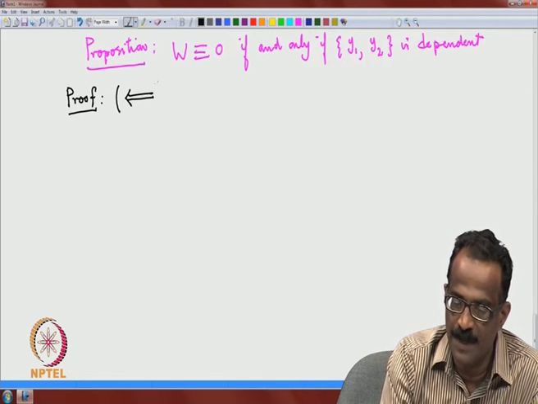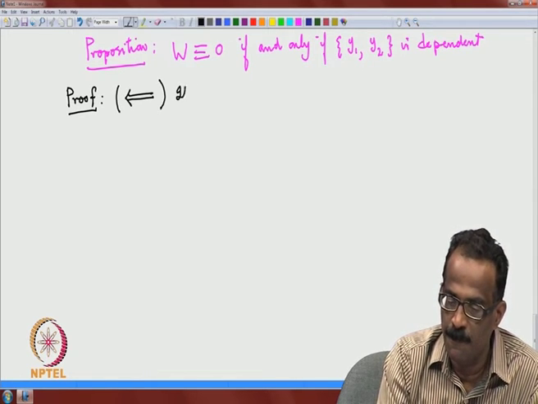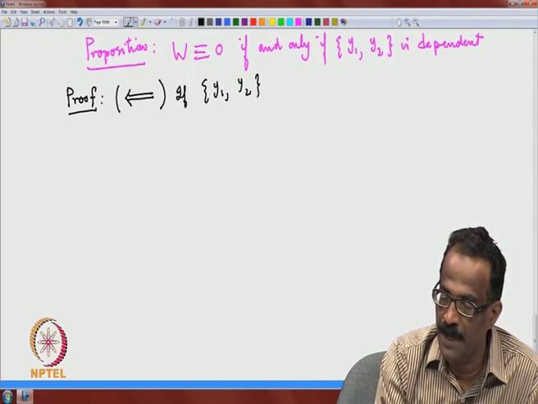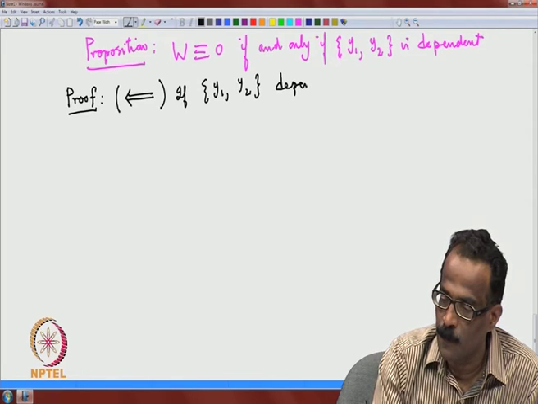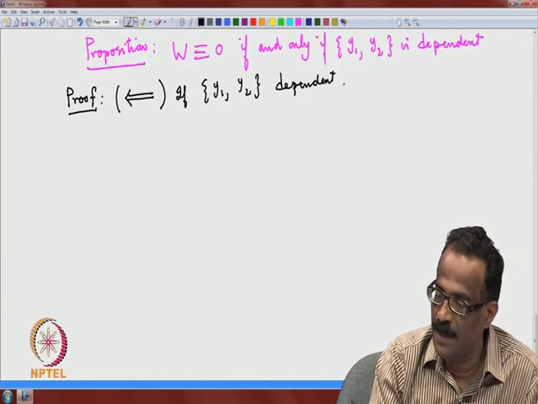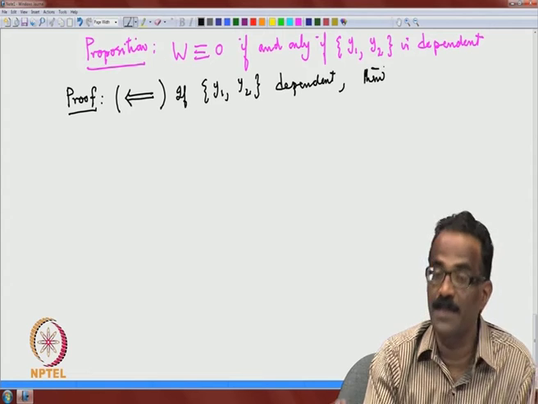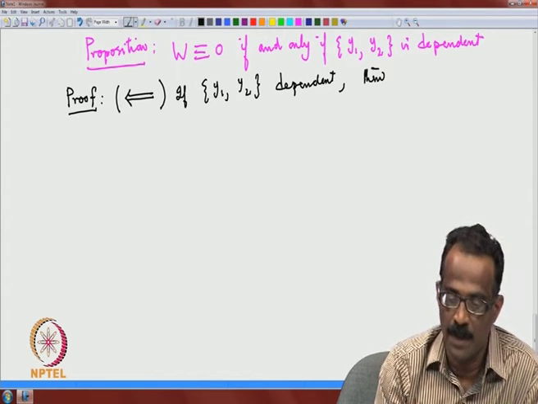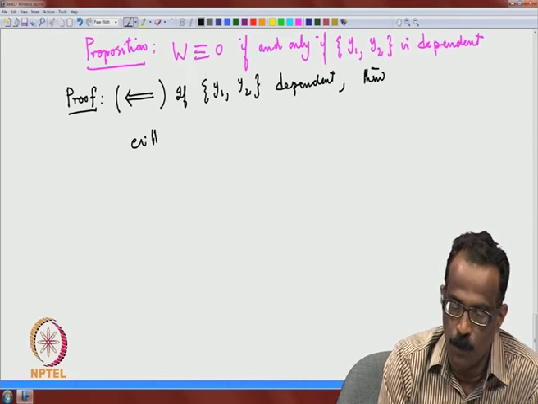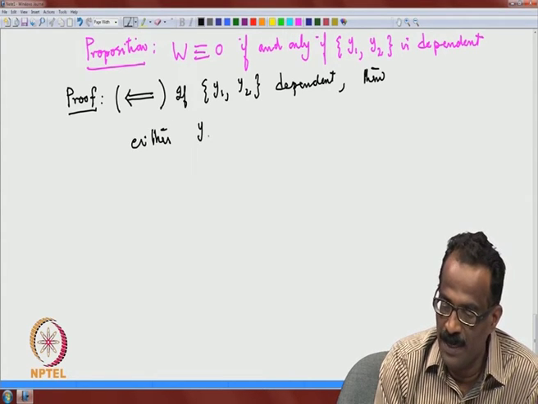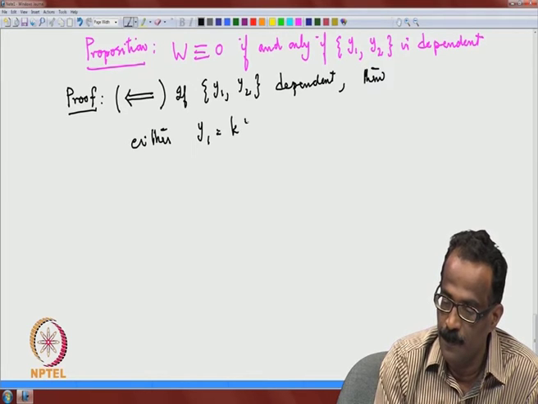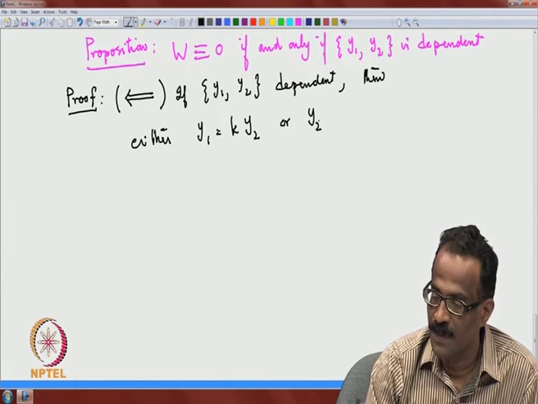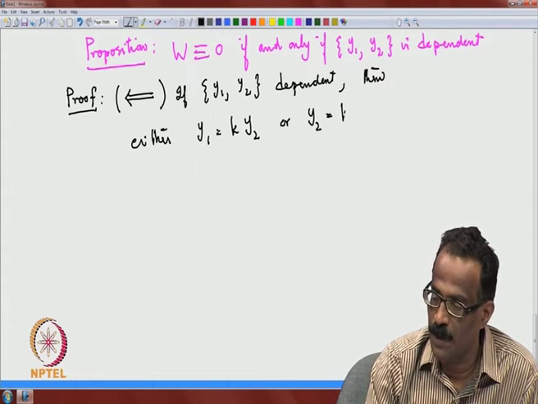Why is that part trivial? If y1, y2 are dependent, then either y1 is a multiple of y2 or y2 is a multiple of y1, either or both. Either y1 is a multiple of y2, k is a constant, or y2 is a multiple of y1.